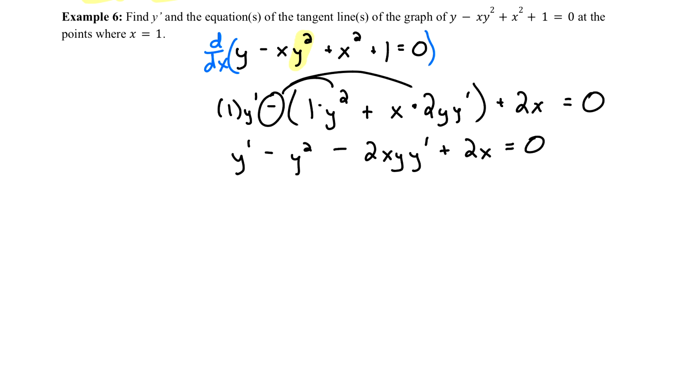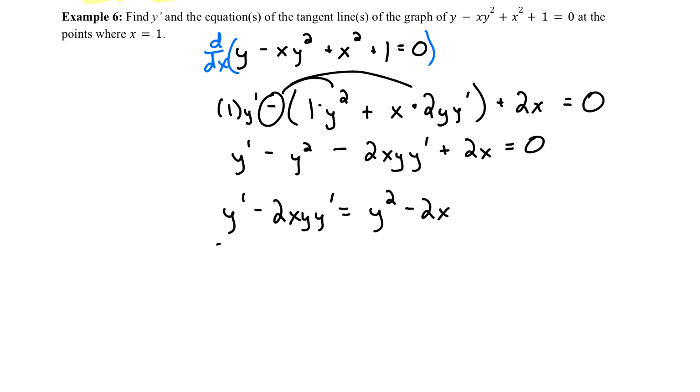So now I've got my derivative. I've simplified it as much as I can. I'm going to keep the two terms that have a y prime on the left-hand side, and then I'm going to move the other two terms over to the right-hand side. That's going to look like y prime minus 2xy y prime equals positive y squared minus 2x.